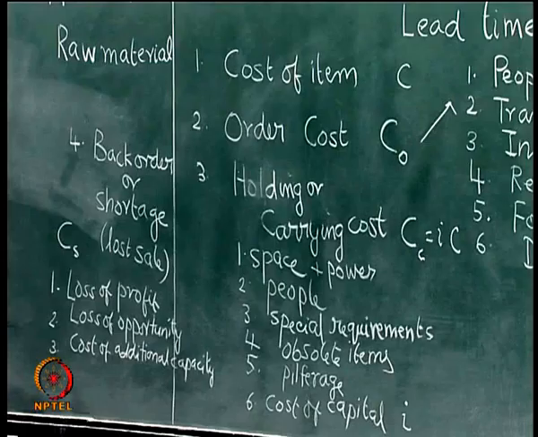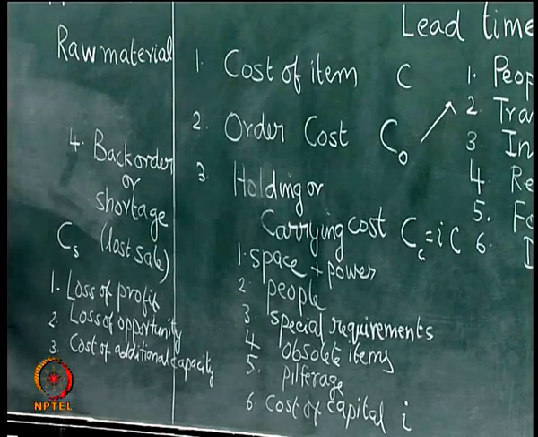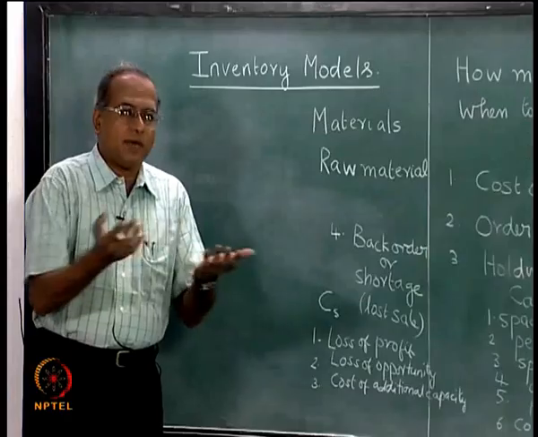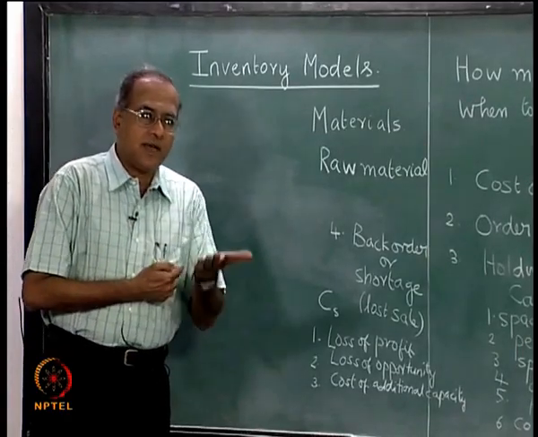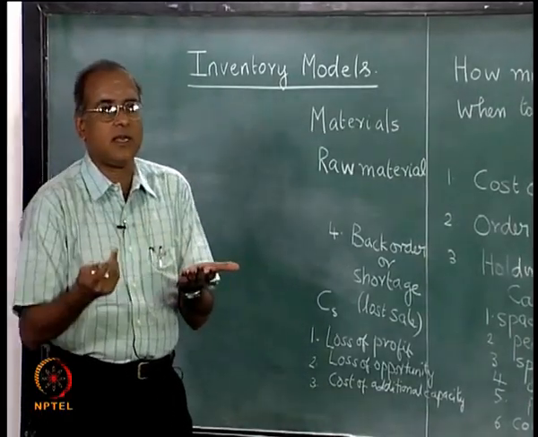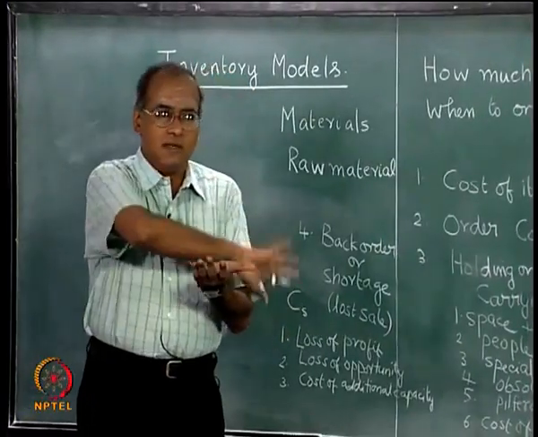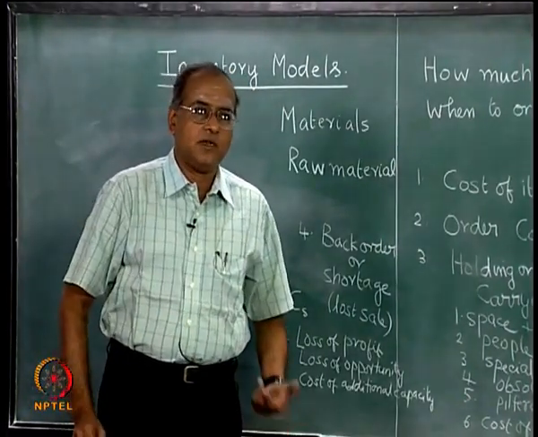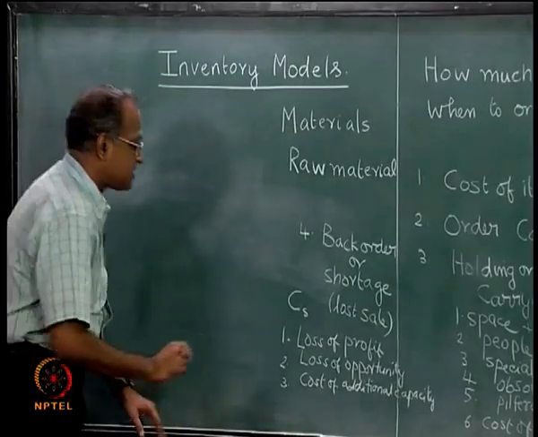In either case, whether it is a back order or a shortage, I do not have the material, so I will not be able to produce. So either I have to do some rescheduling and produce some other thing for which material is available. So if we do that, then there is a cost of rescheduling.